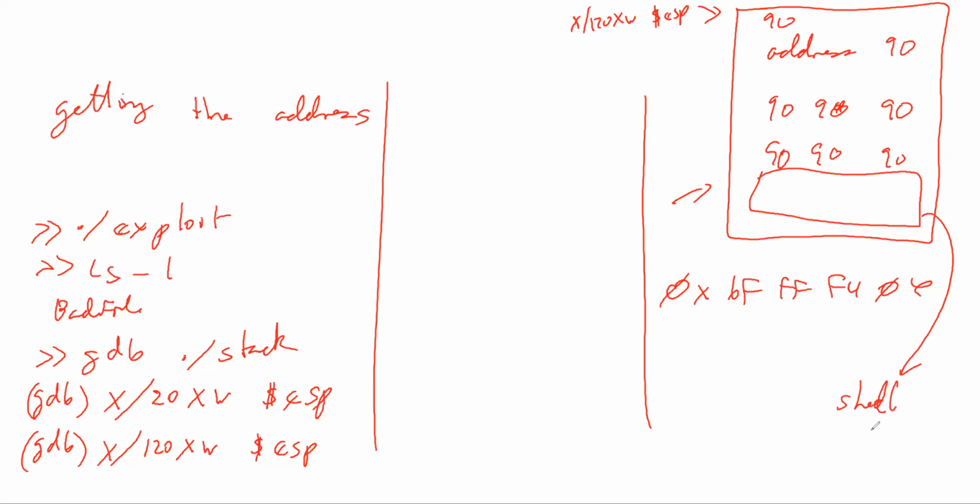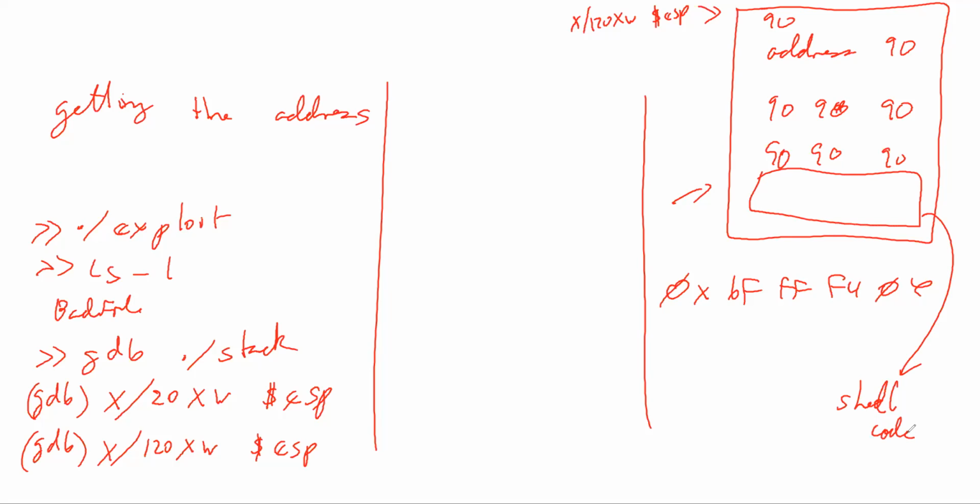But what's so great about looking for the shell code is that you know what the shell code looks like, right? What are some of the things in the shell code?